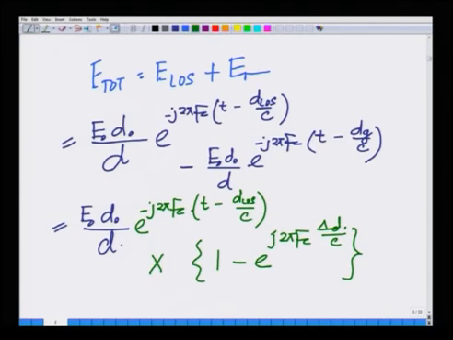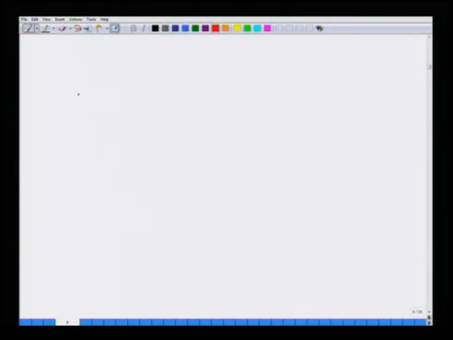We are isolating this term E naught d naught by d into this phase term times 1 minus e power j 2 pi f c delta d over c, where this delta d is an important factor. This delta d is essentially the path length difference, that is the difference between the length of propagation for the ground reflection minus the length of propagation for the line of sight path.